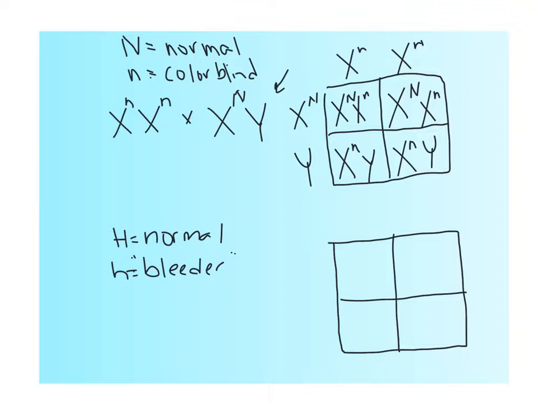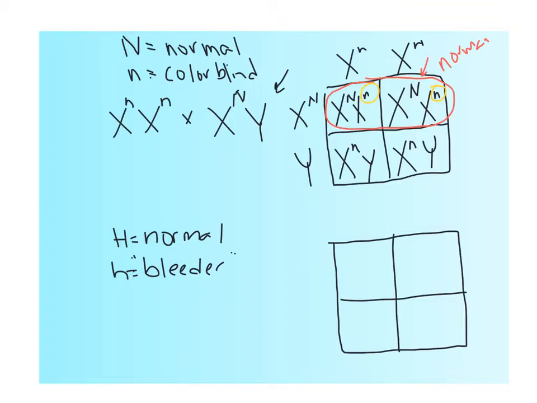All right, so what are these kids going to be? Once again, here it is. The females are both going to be X big N, X little n. But since they have the dominant allele, 100% of girls are going to be normal. Now they're going to be carriers. They do carry that recessive colorblind allele.